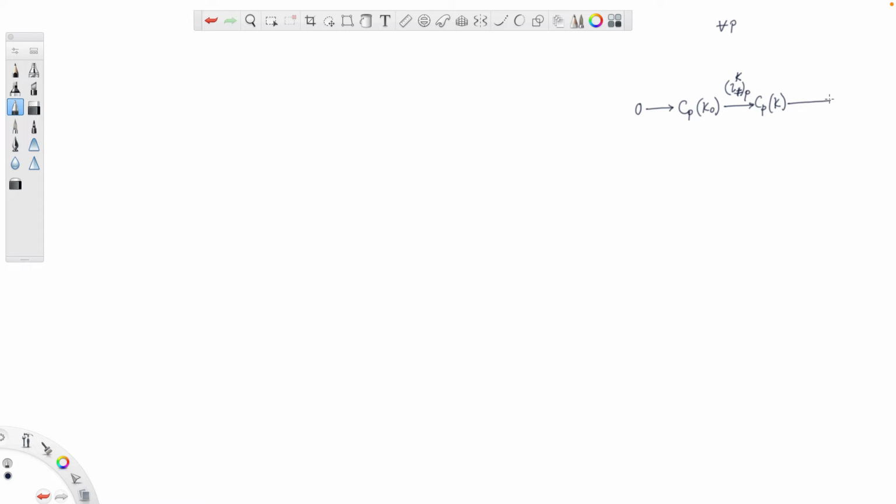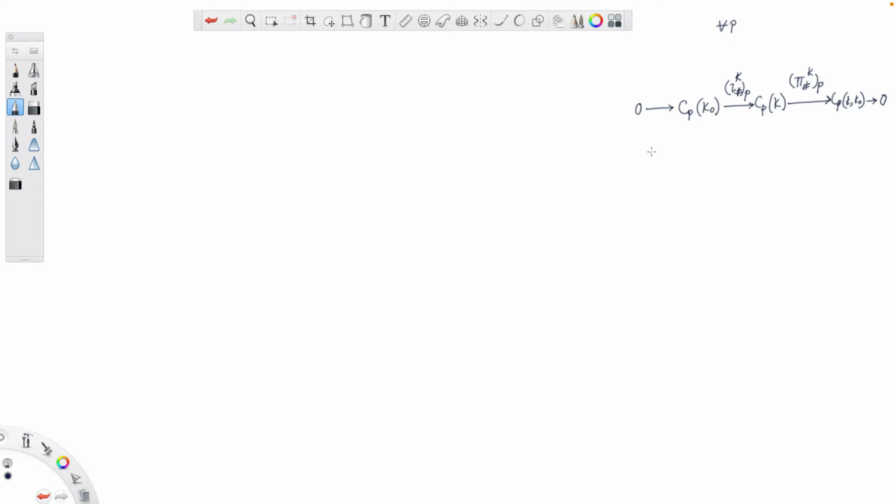And then from CP of K to CP of K comma K0, the pth relative homology group of K mod K0, and then back to the trivial group. Now this is by hash K at P, in dimension P.